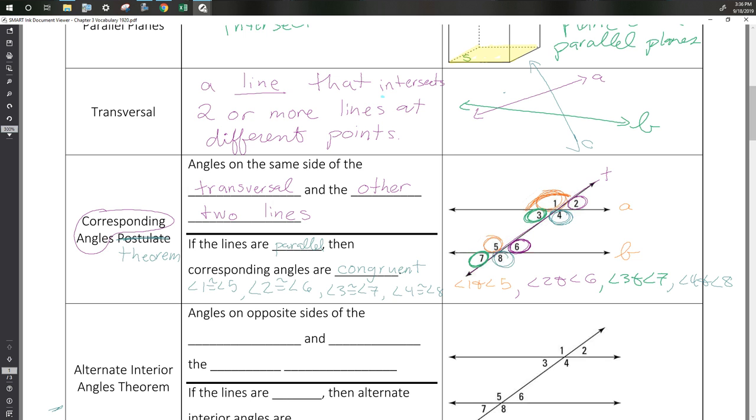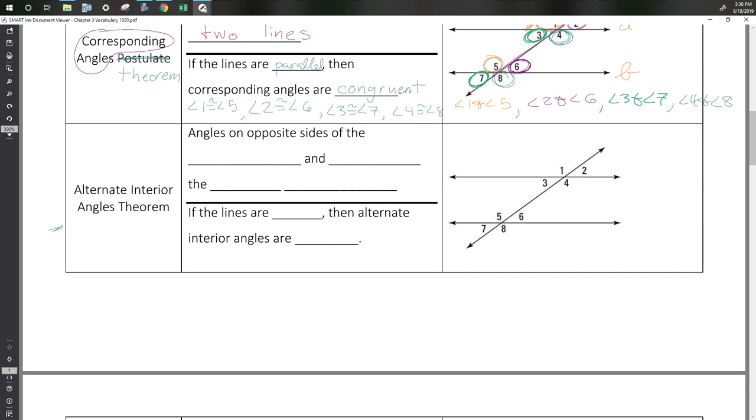Okay. So the next angle pair we're going to talk about are called alternate interior angles. Alternate interior angles are angles on opposite sides of the transversal. That's why they're called alternate, okay? They are called alternate interior angles because they are on opposite sides of the transversal, so alternate sides.